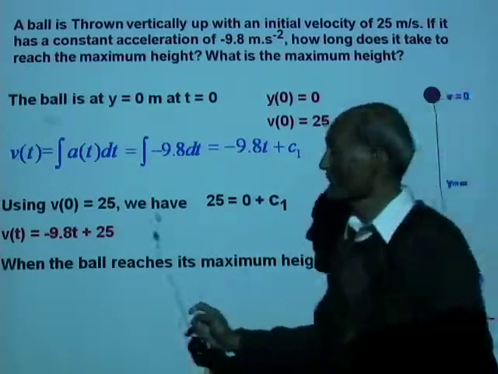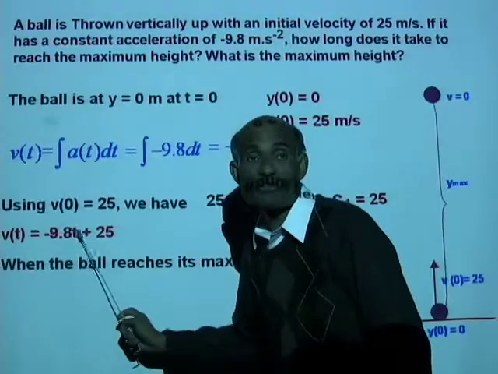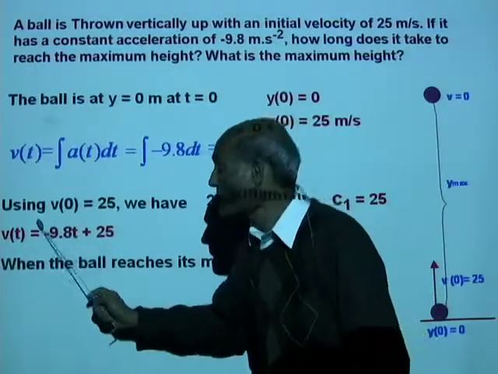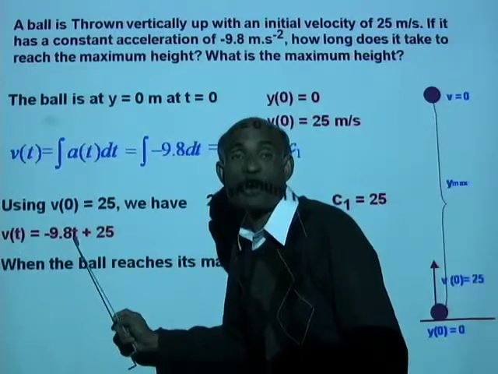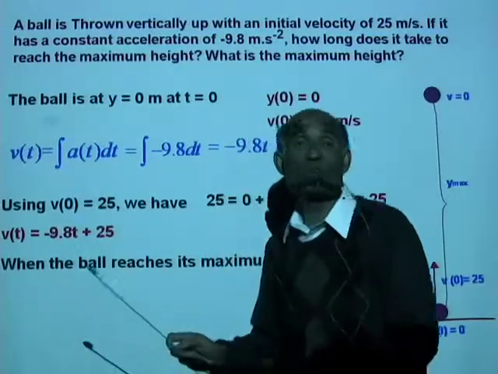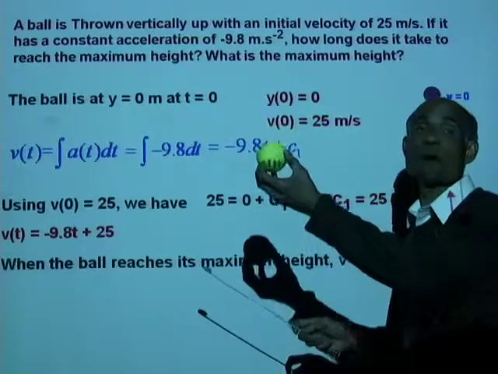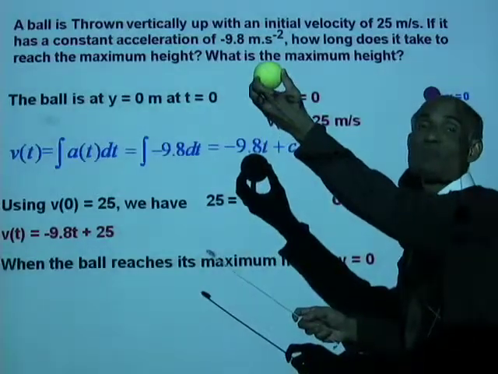So we can go to the velocity function and put the velocity equal to 0 and solve for t. It will give you the time taken by the ball to reach the maximum height.